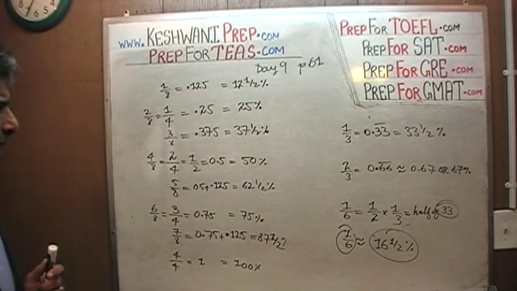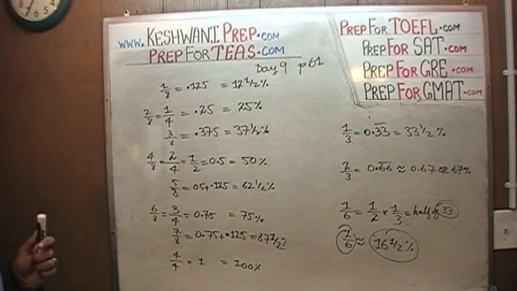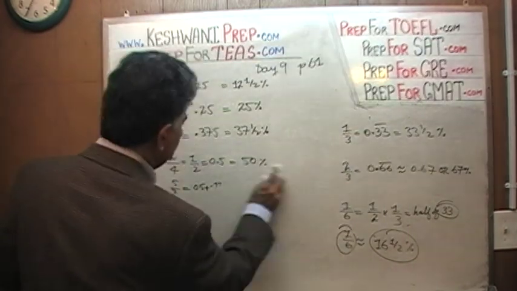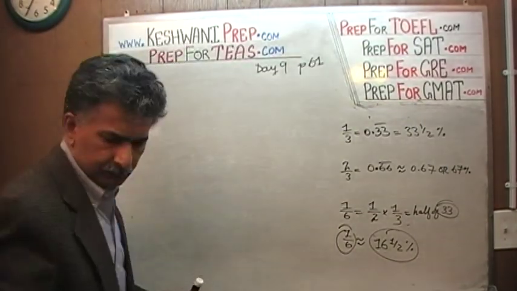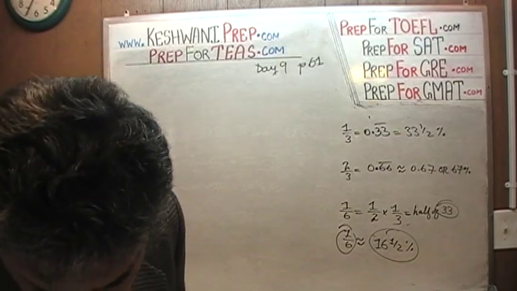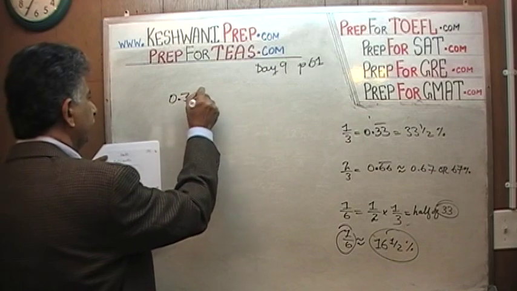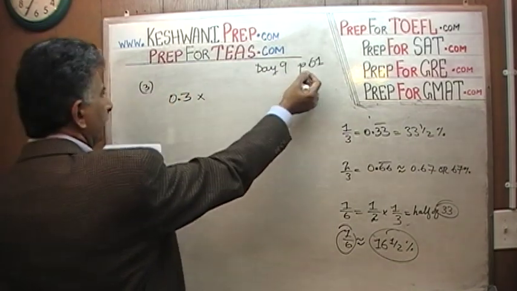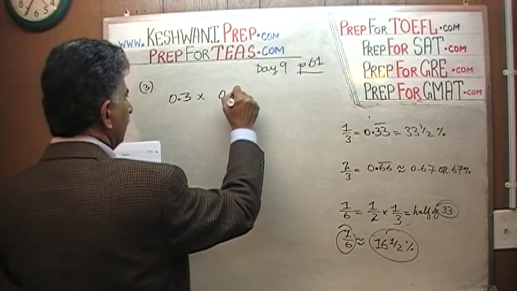You have it obviously. Problem number 3 and 4 on page 61. Problem 3 says 0.3 times 0.12.